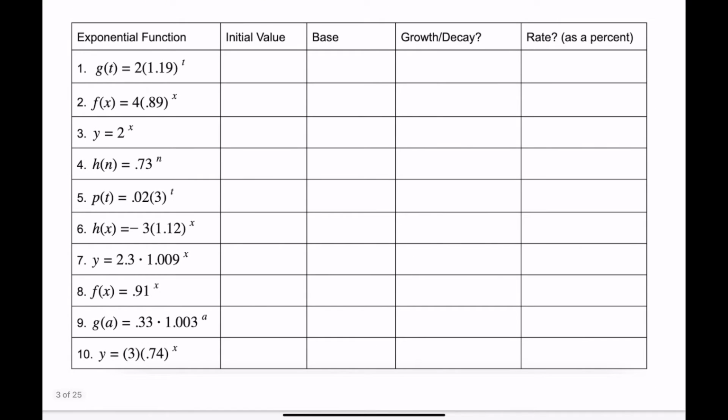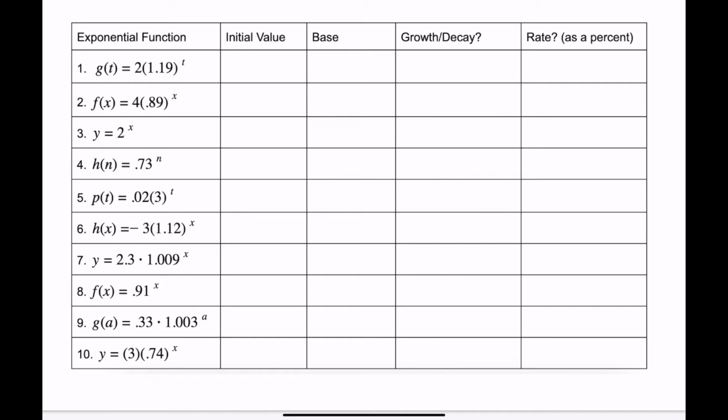Now let's look at some more examples. In number 1, we have an exponential function. We want to identify the base, the initial value, whether it's growth or decay, and then find the rate. So basically everything that we just did.